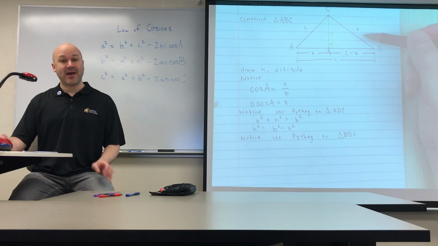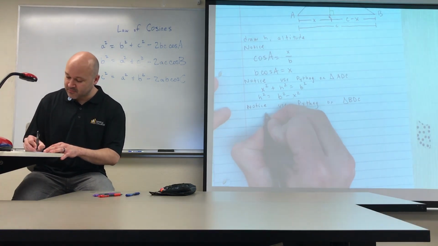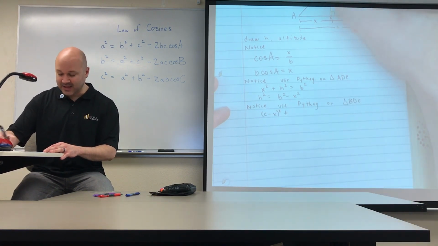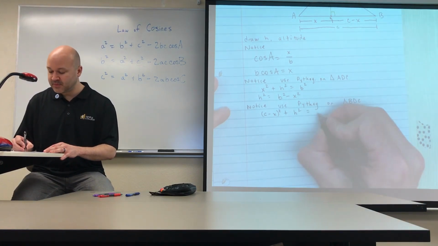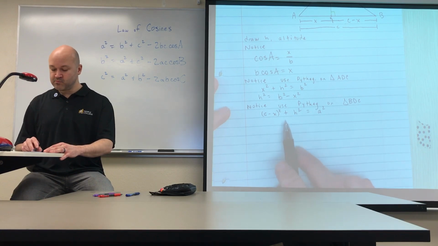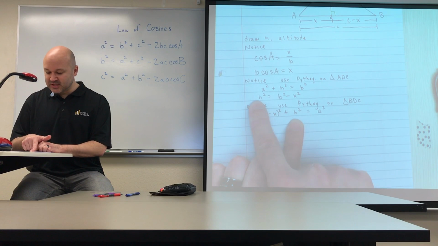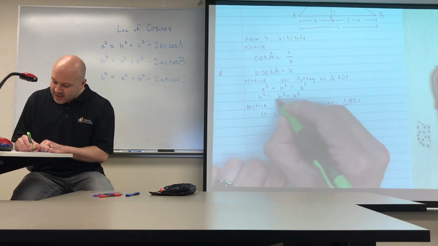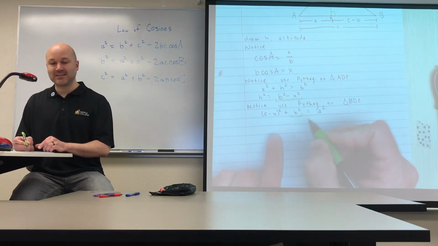And I'm going to play around with Pythagorean again. So (c minus x) quantity squared plus h squared will equal the hypotenuse a squared. Oh, I know h squared. h squared can be rewritten as b squared minus x squared.